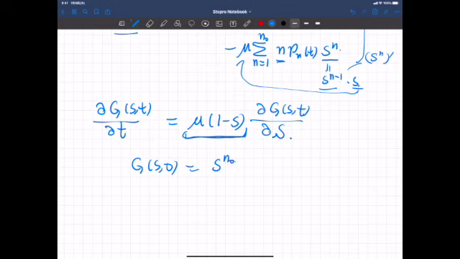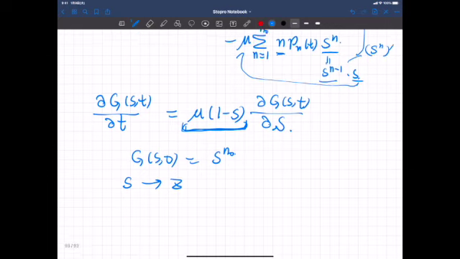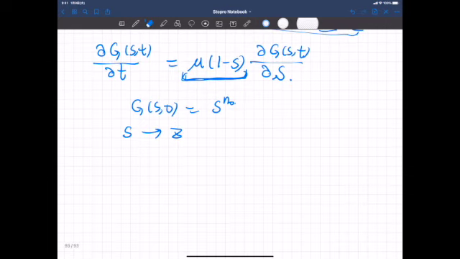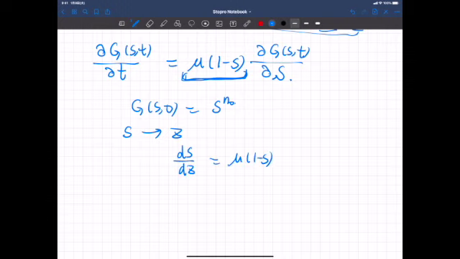This is the same as the birth process. Anyway, change the variable from s to z. This can be done by setting ds/dz equal to mu (1 minus s), and solving this ordinary differential equation, you can get rid of s here.